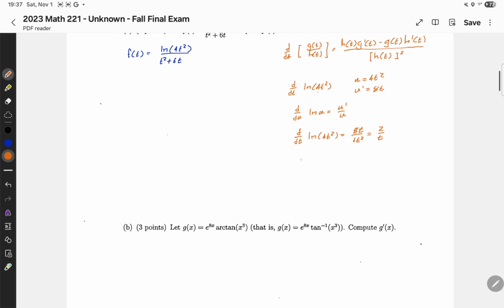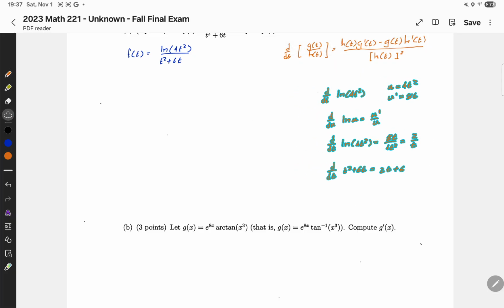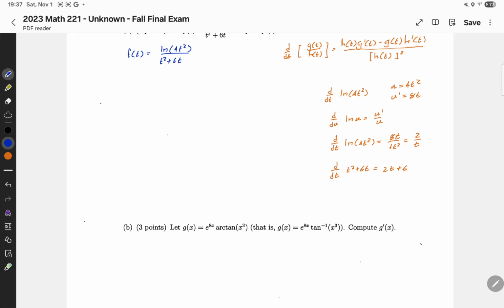All right, and then next up, this is just going to be a pretty standard power rule application, but the derivative with respect to t of t squared plus 6t is just going to be equal to 2t plus 6. And I'm going to move this all over just a tiny bit because we're going to want the space. But now we can apply the quotient rule. So we have f prime of t.